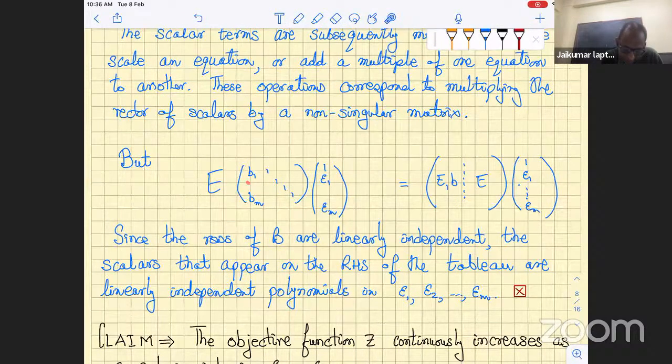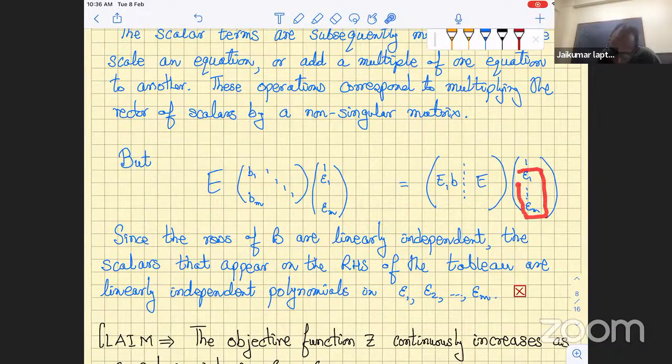Let us multiply this with this. So the first column here becomes this column of original vectors times this elementary matrix. And this E comes and sits here. Okay. So E is some matrix. And what do we know about E? E is non-singular.